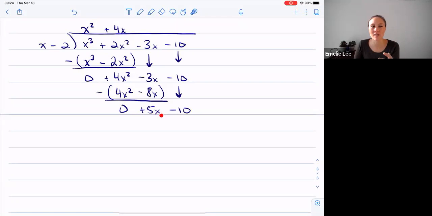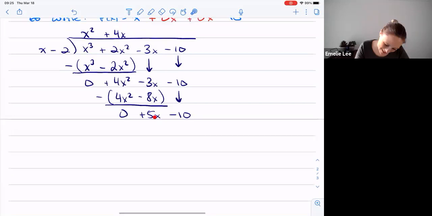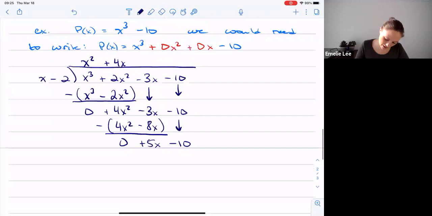So now we're so close. This is our last time that we're going to be able to divide, because I need at least one x to be able to divide, and the rest will be a remainder. So 5x divided by x puts me at plus 5.